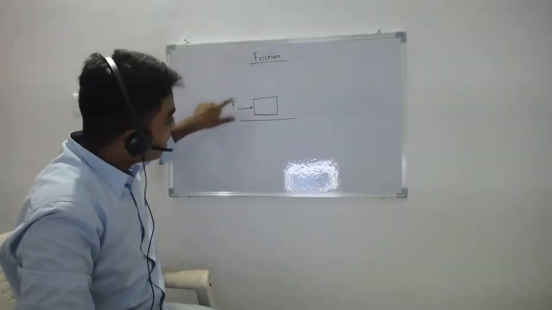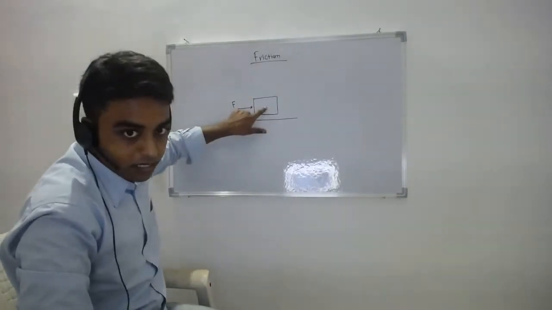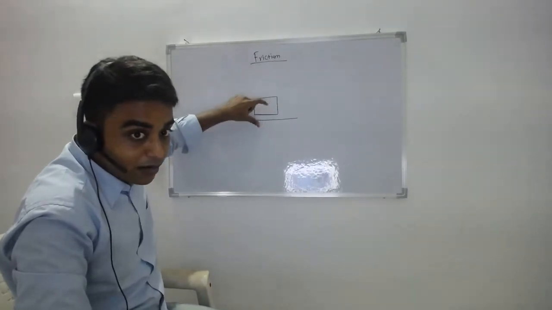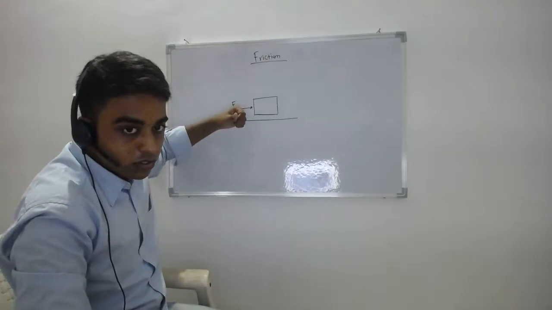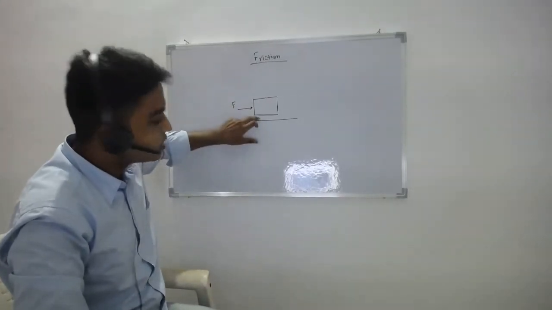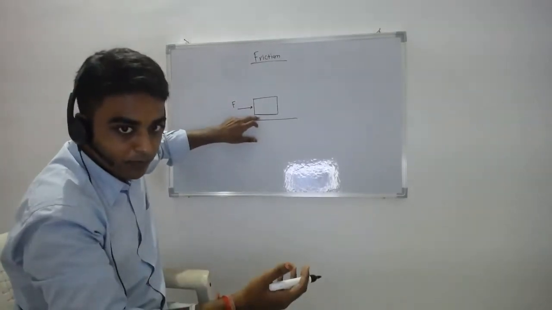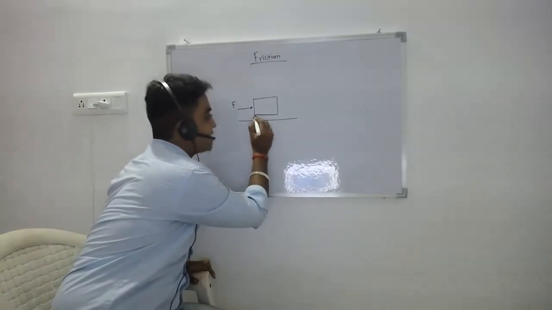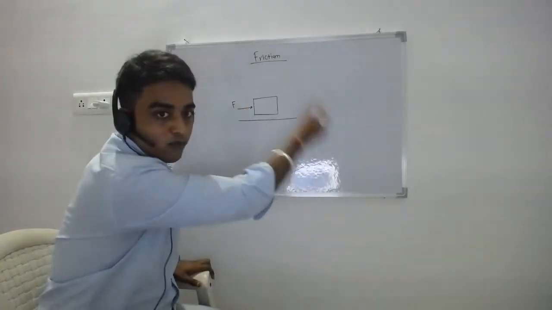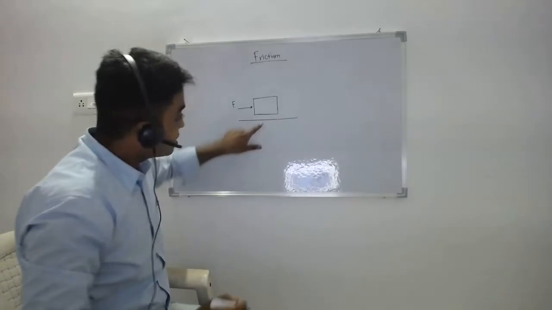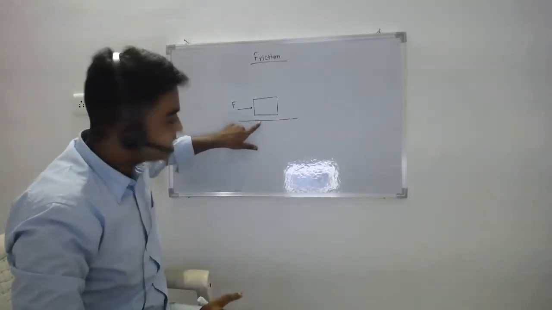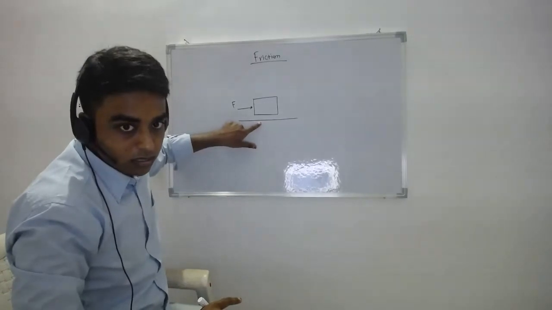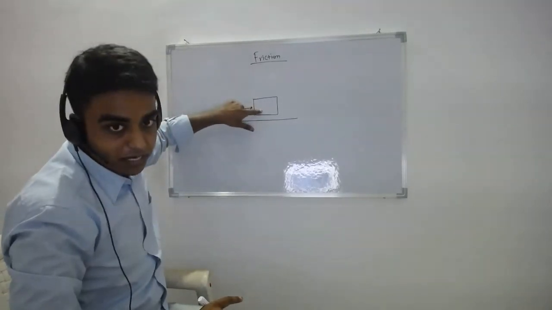So now when we apply the force, this object will have a tendency to move forward. So along with this object, the surface of this object will also move. So now this surface has a tendency to move forward, but the surface of the ground is at rest. So we say that with respect to the ground, the surface of the object is moving forward.